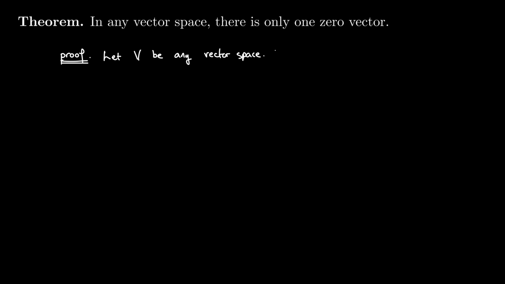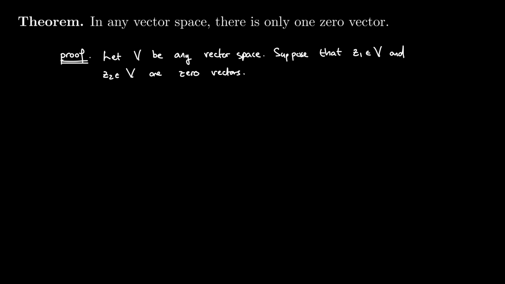Well, let us suppose that Z1 in V and Z2 in V are zero vectors. Now, what do I mean by they're zero vectors?